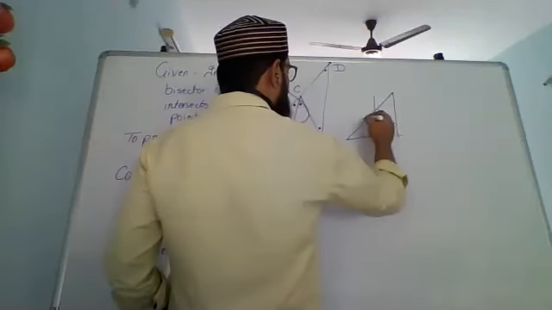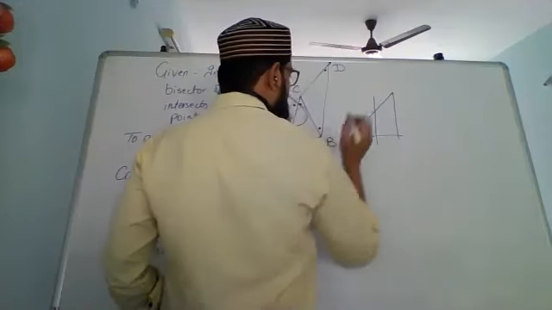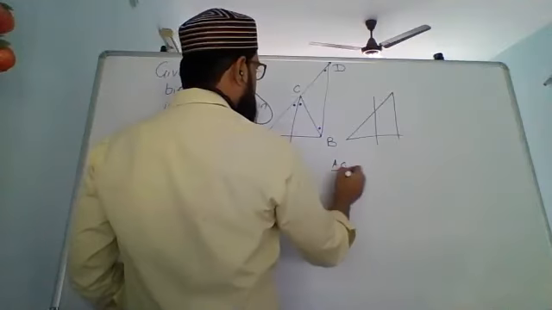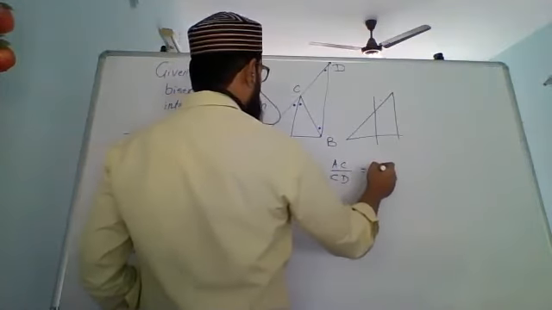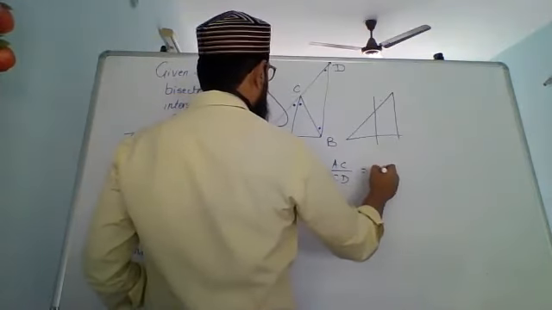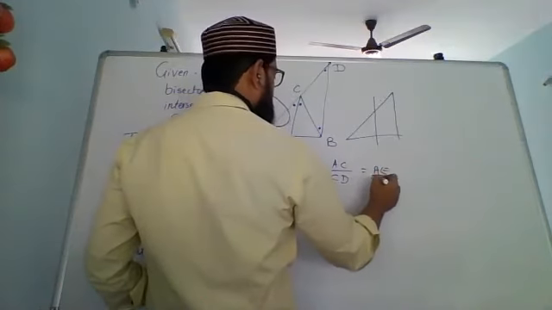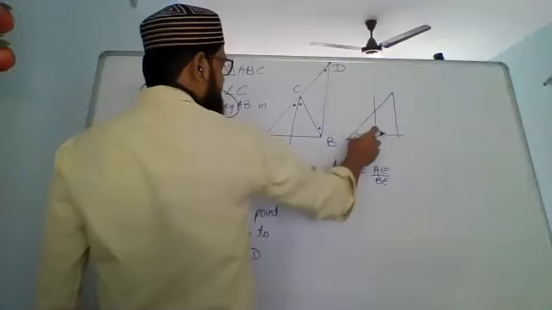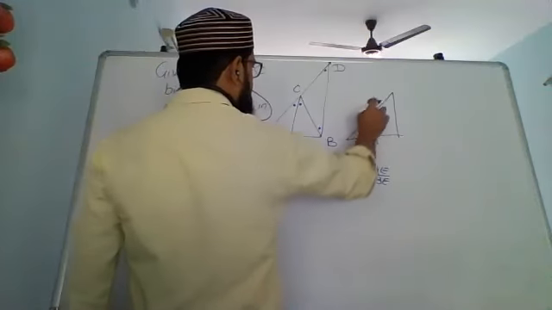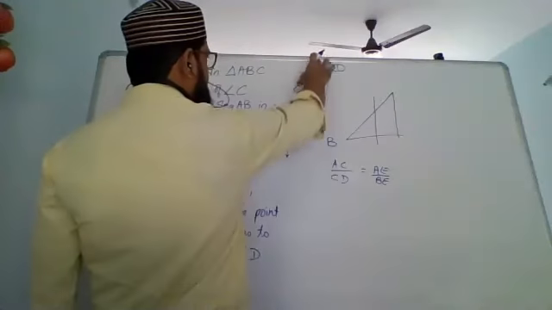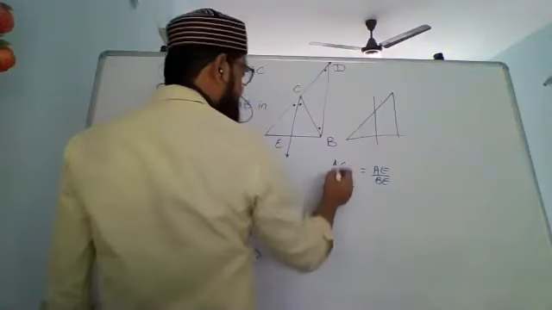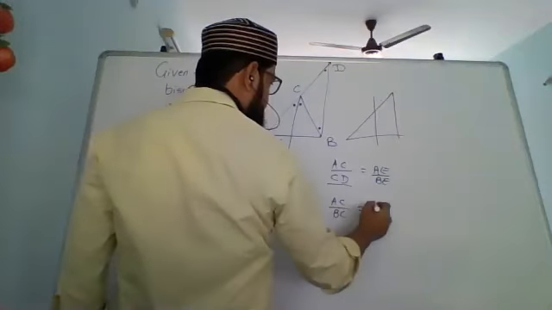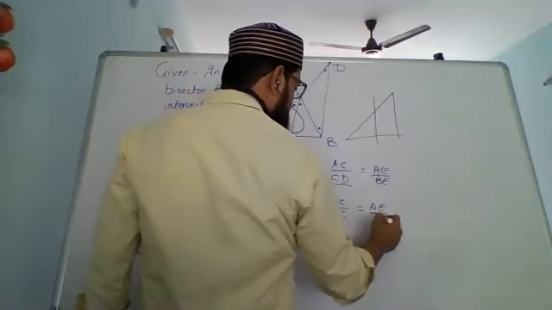If these two lines are parallel, this upon this is equal to this upon this. So I can safely say AC upon CD equals AE upon BE, because these are the parallel lines. But just now we have proven CD is the same as BC. So in place of CD, I'll say AC upon BC equals AE upon BE.